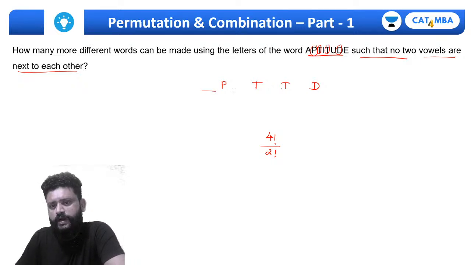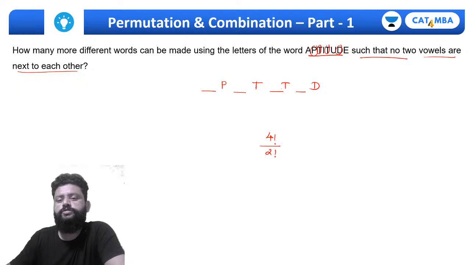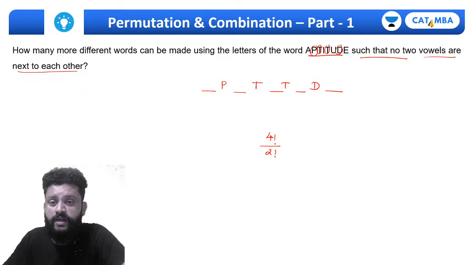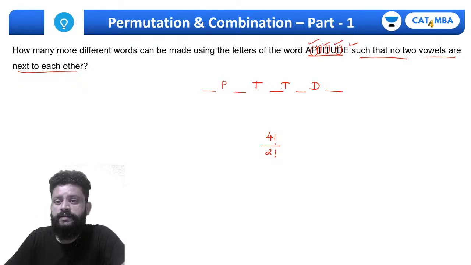Now for vowels we do have 3 places in between, one first and one last. So we do have 5 choice for the vowels, but we do have only 4 vowels with us. That is A, I, U and E. So all 4 are different.